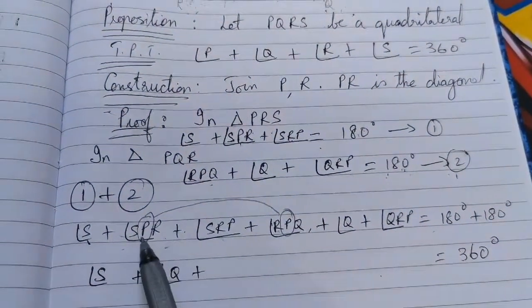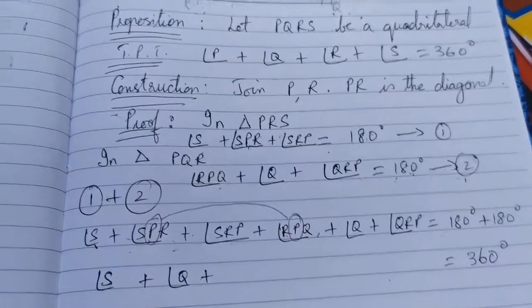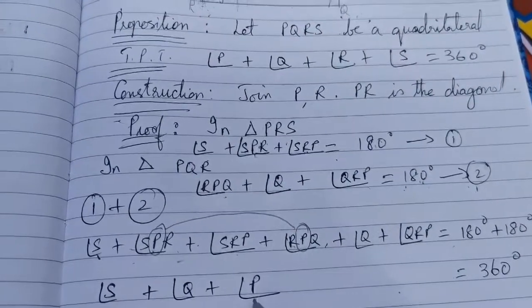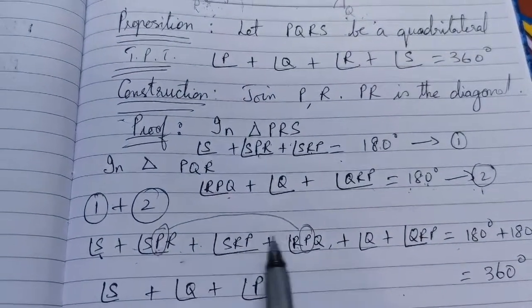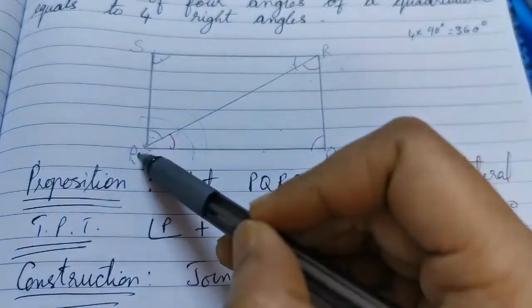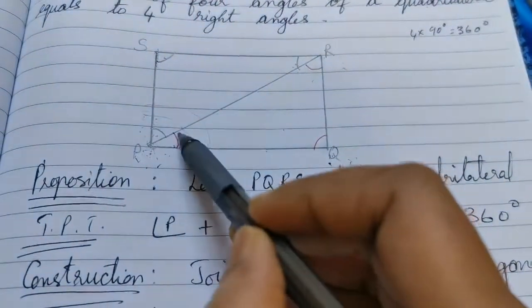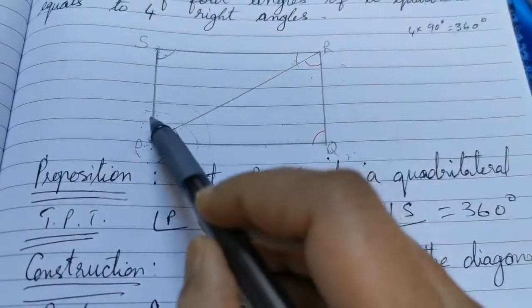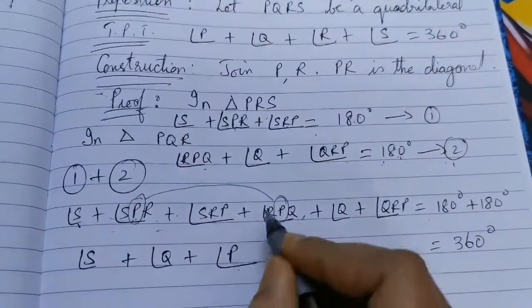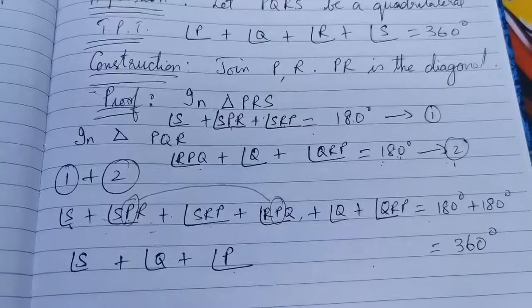Please refer to the figure SPR and RPQ. So this part and this part, when you add, you get the entire P. So I write it as P. So these two together gave me P.